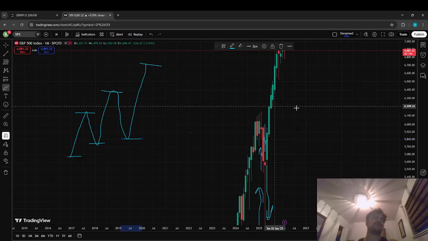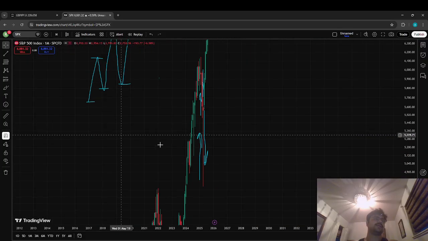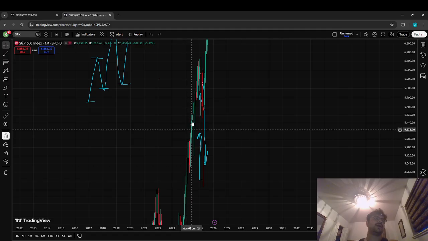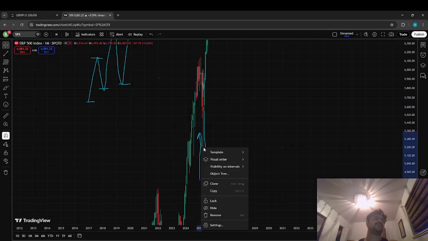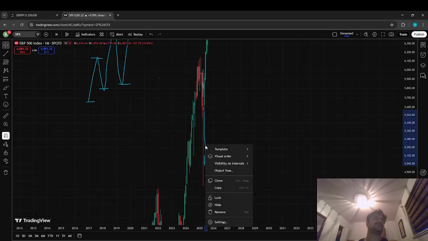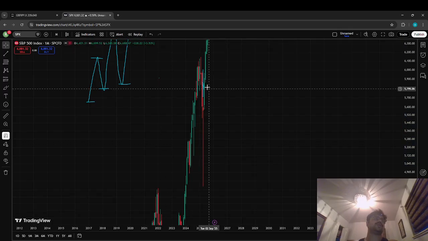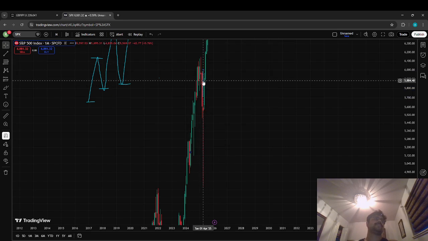All right, so how can we use this in practice right now? You guys can see the S&P was going up, went down. Let's delete all this stuff so you guys can see a little better what I'm trying to illustrate here.